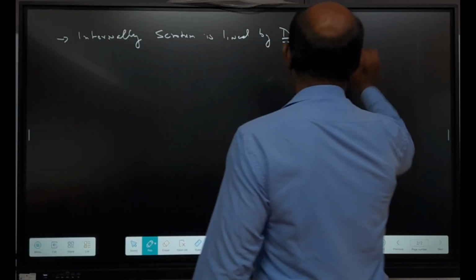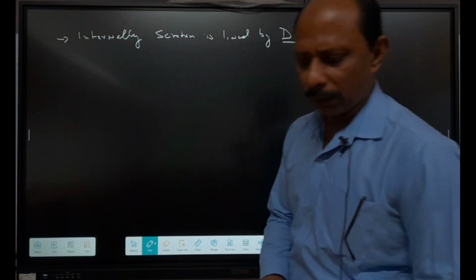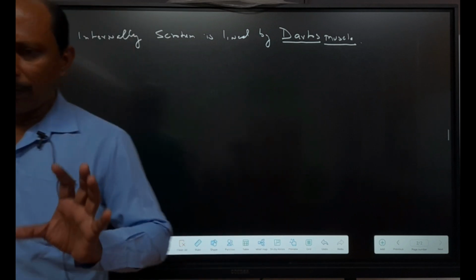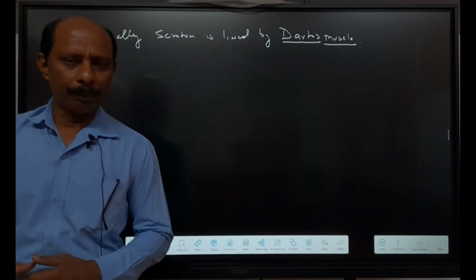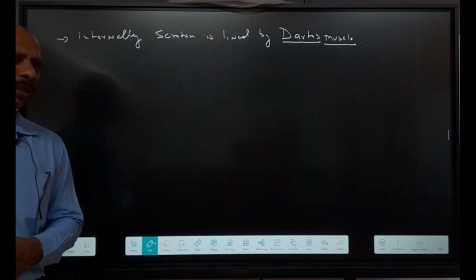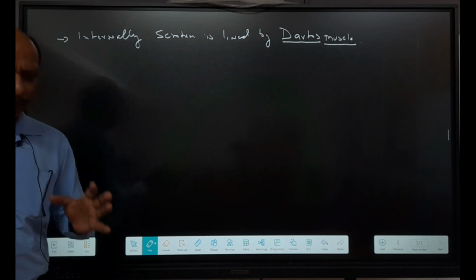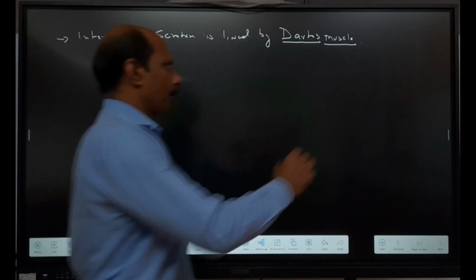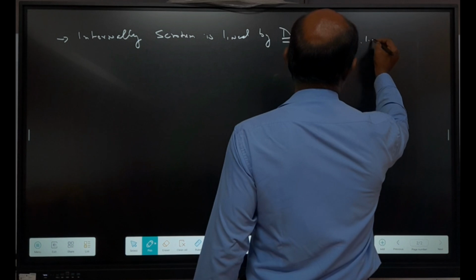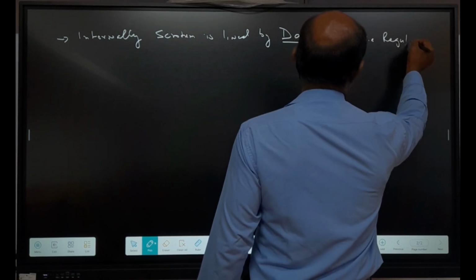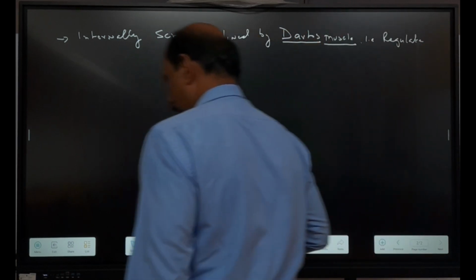So dartos muscles means what? They help in the regulation of temperature of the testis. They help in the regulation of temperature of the testis means what? In the cold region, they are responsible for regulating temperature.